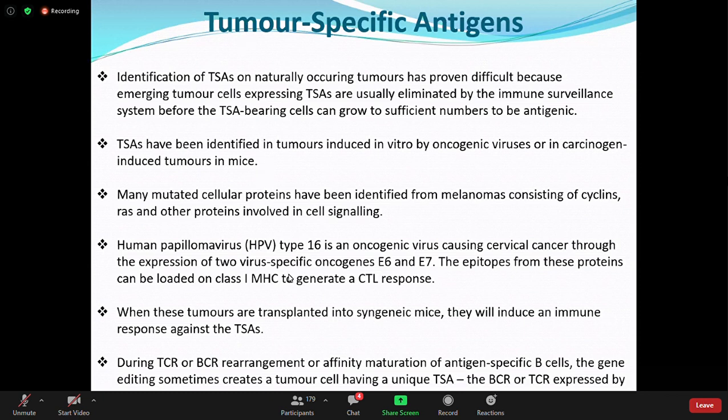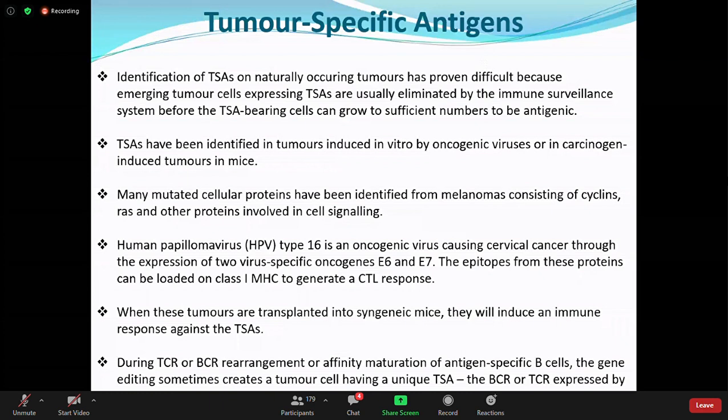Another type of relatively frequent tumor occurs with B cells, B cell lymphomas. I think Dr. Rehan might have talked about this in the pathology.